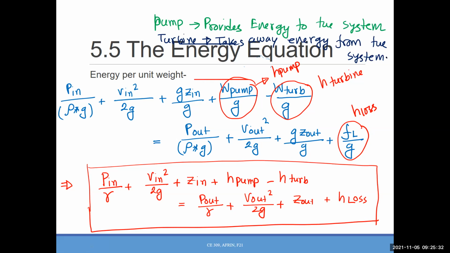And that's why for the turbine we use a negative sign, because that is the amount of energy it is taking from the system. And for the pump, we are adding a positive sign. Okay.